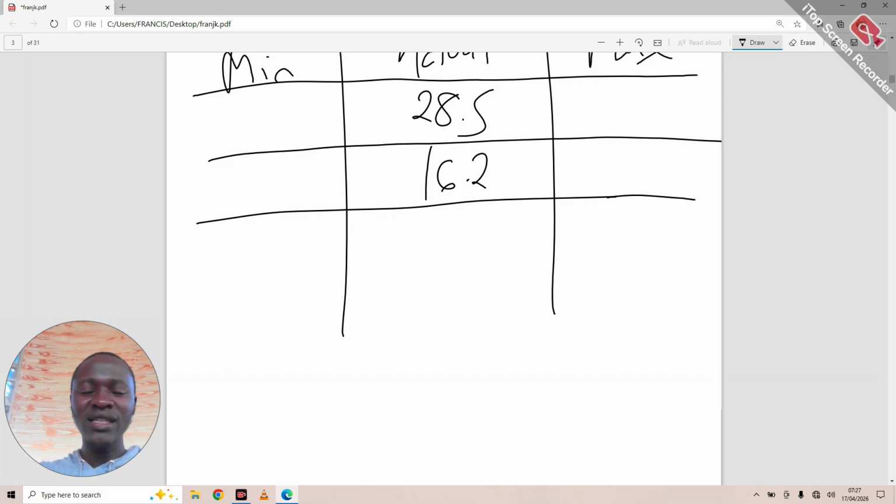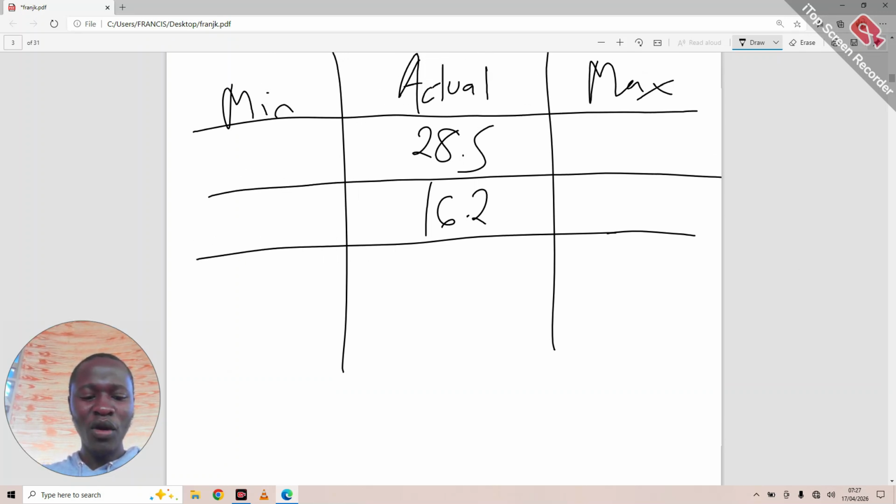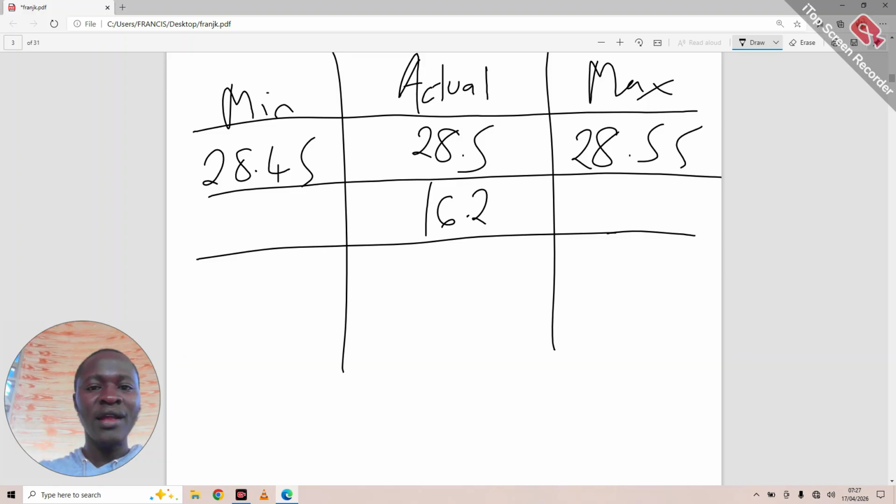So he takes that 0.1 multiplied by half, getting 0.05. Then you see him adding to get 28.55 on this side, and 28.45 on the other. The same for 16.2, having the same accuracy, 0.1 multiplied by half, 0.05. On this side he has 16.25, and on the other side 16.15.